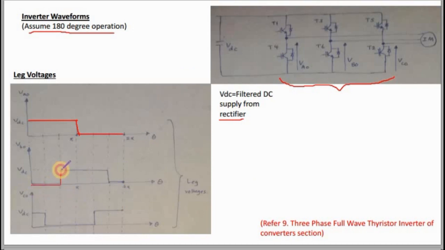As same as that, you can draw VCO as well, like this.